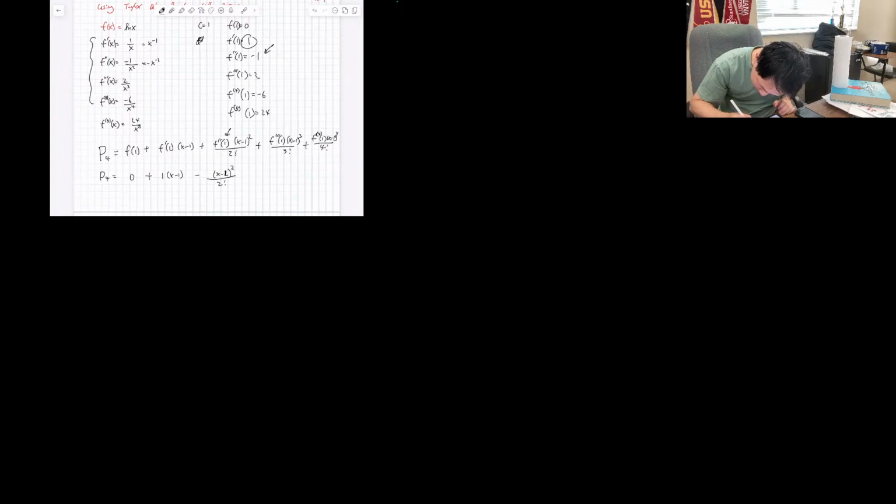I just replaced it as a negative. Oh, my x minus 1. Oh, sorry, dyslexic. Is that okay? Now plus f triple prime is 2 times x minus 1 to the 3rd over 3 factorial, plus what? f of 4 is negative 6 times x minus 1 to the 4th over 4 factorial. This is minus. Now, can I simplify more?